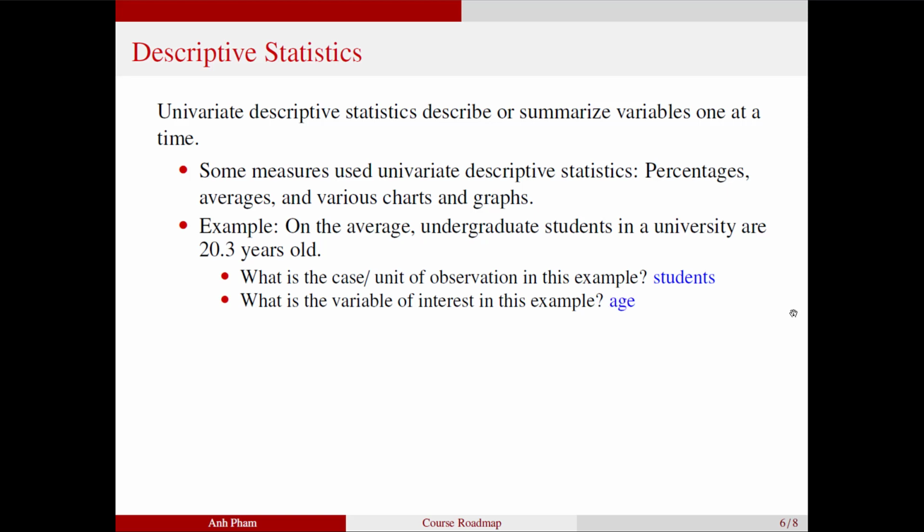The variable of interest in this example is age. For these two questions, I just want to draw back to what we discussed about unit of observations and variable of interest. And the type of statistics that we use in this example to describe the age variable of student is the average, because we talk about the average age.